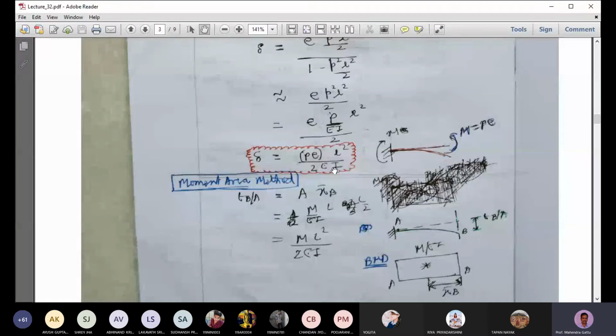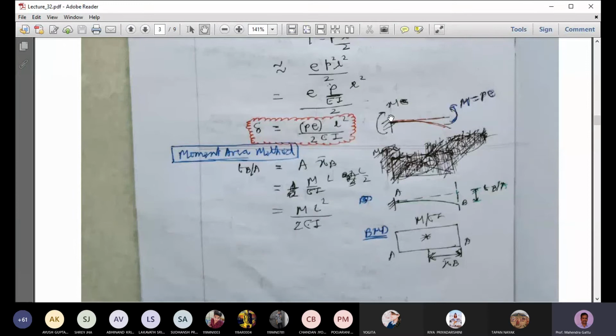So if you see this expression, it is familiar if you have referred to the old moment area theorem methods. Okay. So we have a cantilever beam. It is subjected to a bending moment M, and we are interested in finding the deflection.